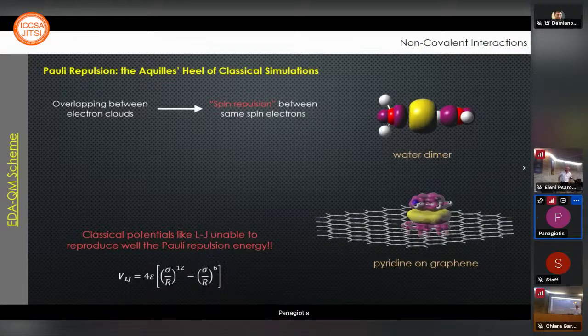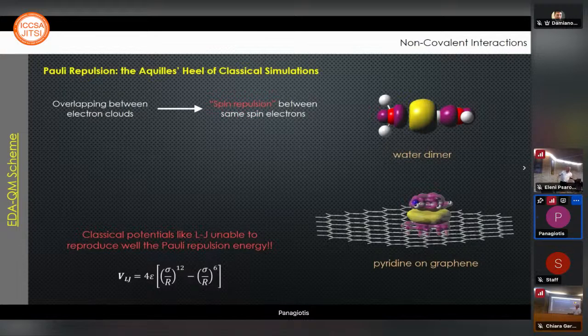The repulsive term comes from the overlapping between electrons from different fragments. Okay, when two electrons from different fragments of the same spin are forced to share the same space region, they confront the Pauli exclusion principle. The Pauli exclusion principle tells us that two electrons with the same spin cannot occupy the same point of the space. It's a purely quantum effect.